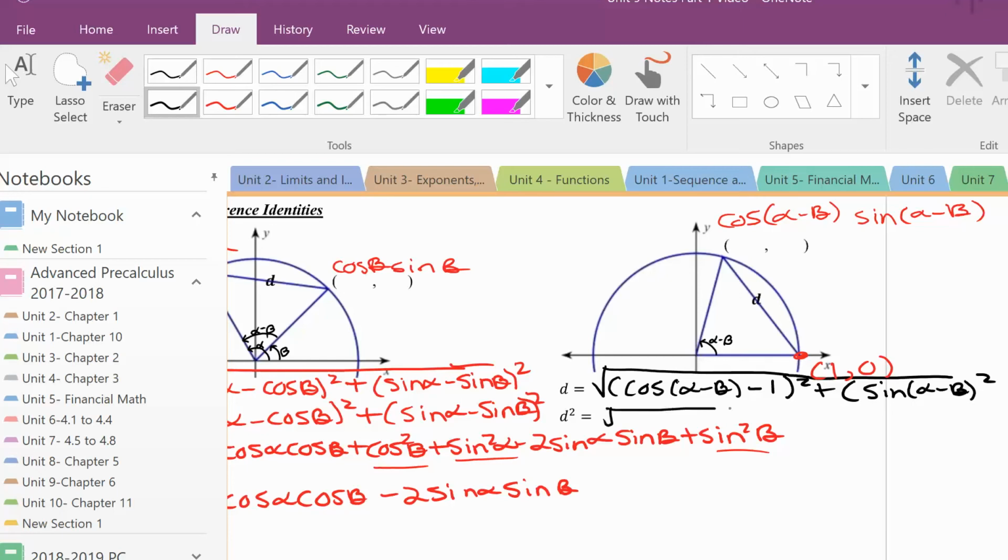Then when you remove the square root sign, by squaring both sides, you get cosine alpha minus beta minus 1 squared plus sine squared alpha minus beta.